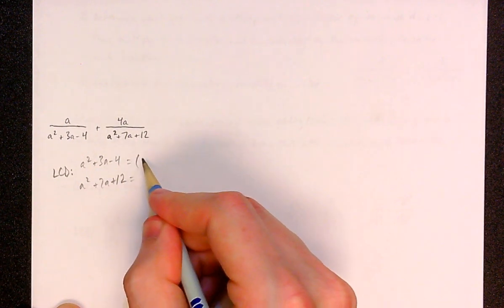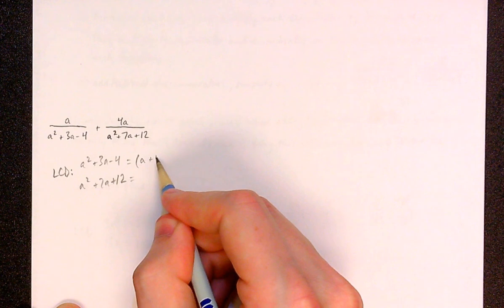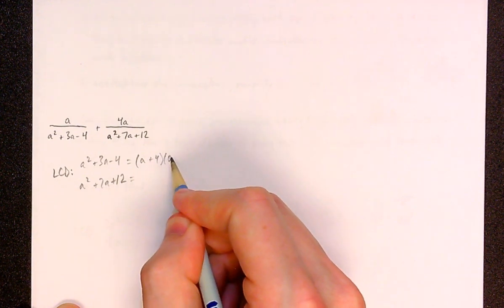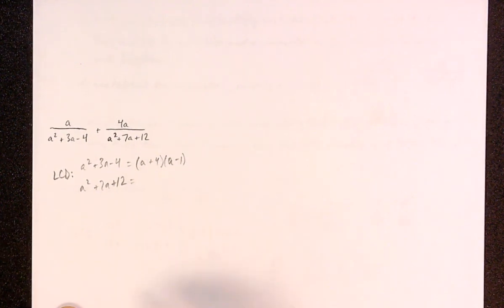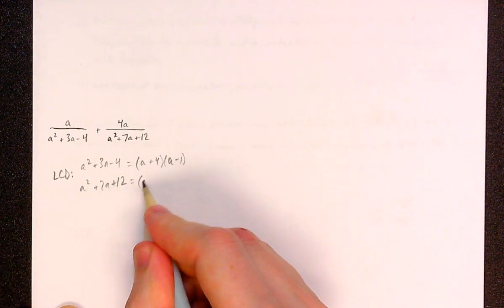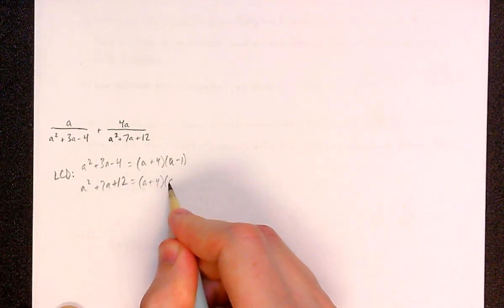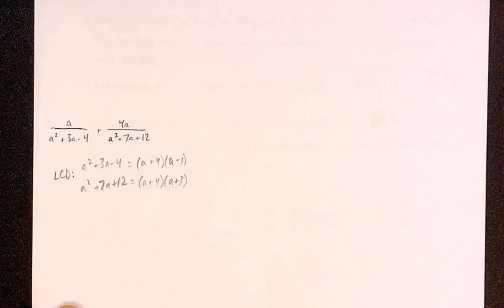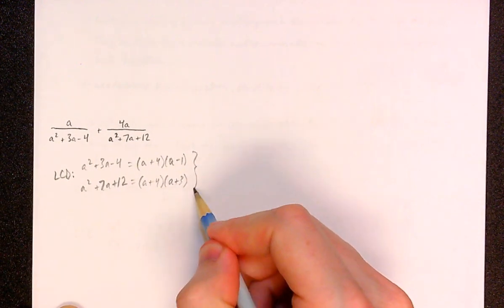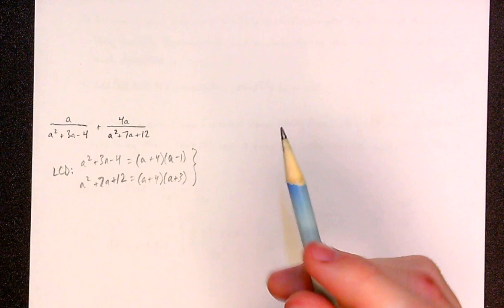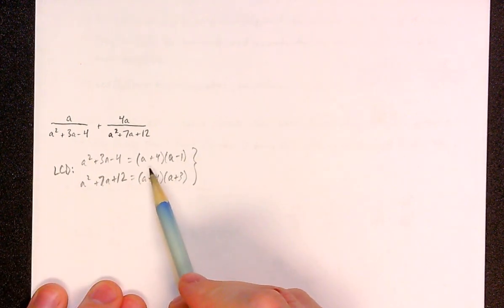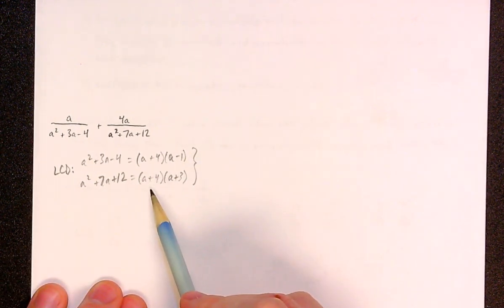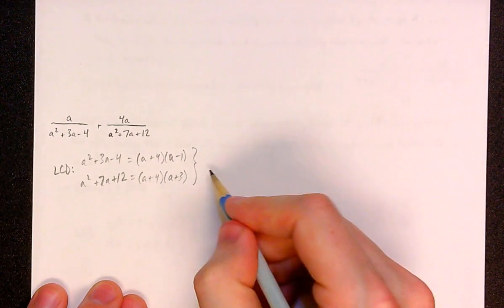So if we factor each of these things, we get a plus 4 and a minus 1 for the first one, and we get a plus 4 and a plus 3. So now, for the LCD, this guy has a factor of a plus 4, and this guy also has a factor of a plus 4.